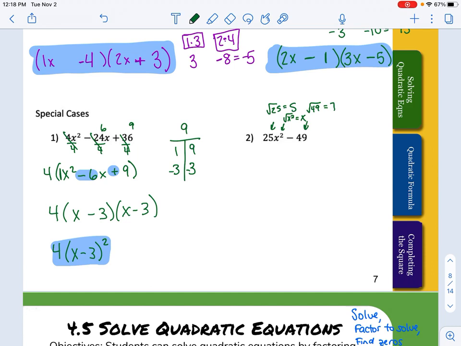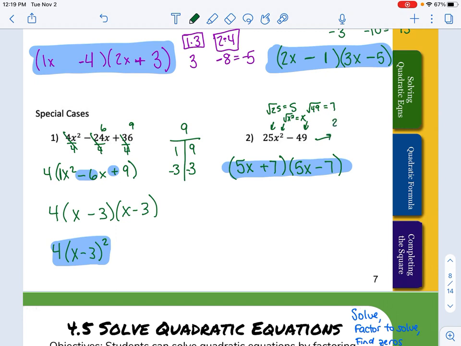So the shortcut here, or the special case here, is you can actually find your factors with your square roots. Now notice, these are not exactly the same. Their signs are different, so you can't write them like we did over here. But you can find your factors pretty fast.